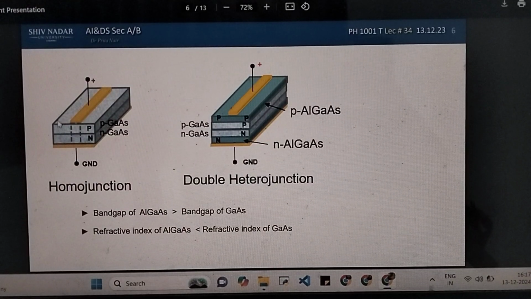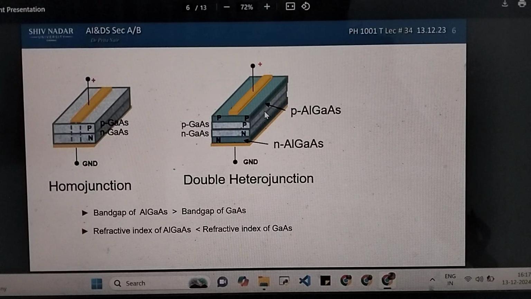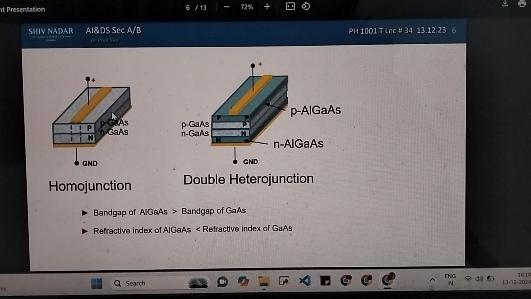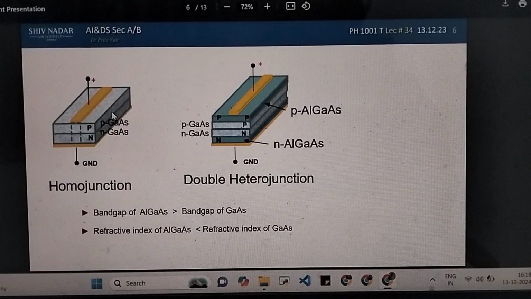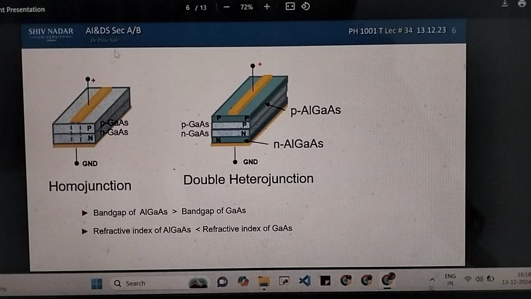So if let's say this is your setup and your photons are generated somewhere here, if it's a homojunction, this is a homojunction by the way, first of all, you have one P type and one N type. So generally they do not have optical confinement, meaning the photons easily refract and go out of this surface.